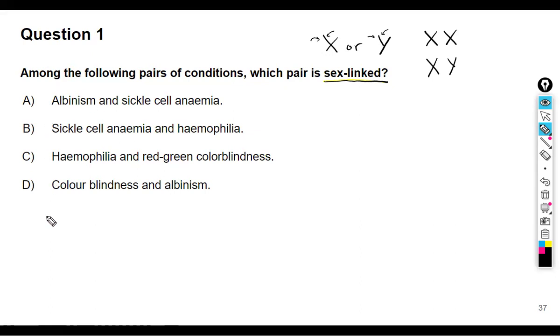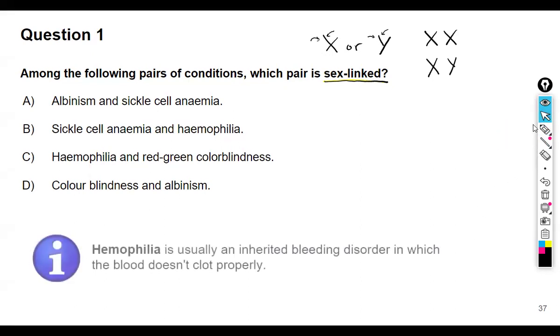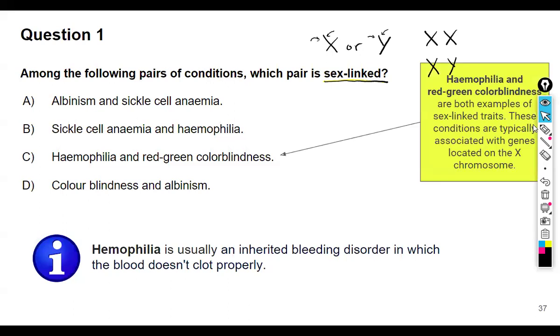So which pair is caused by genes on the X or Y chromosomes? Well, this one I don't expect you to know. It's one of those questions where either you know it or you don't. And I know we didn't actually cover this in parts 1 and 2. So the answer for this one is C.